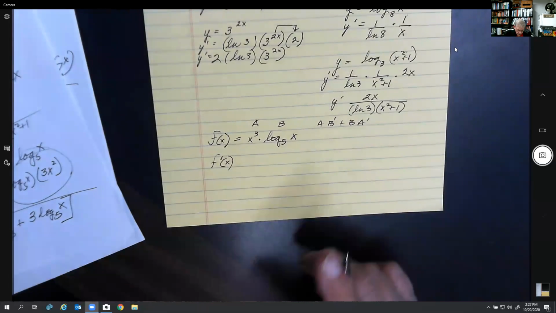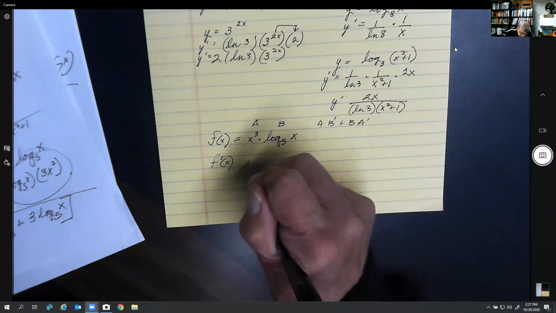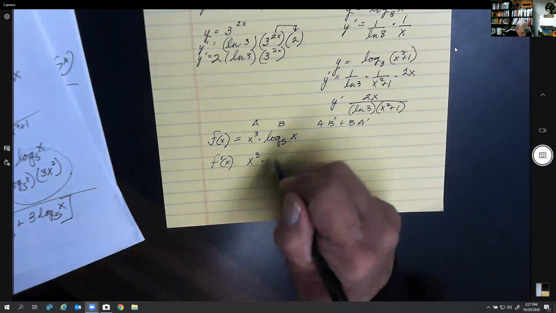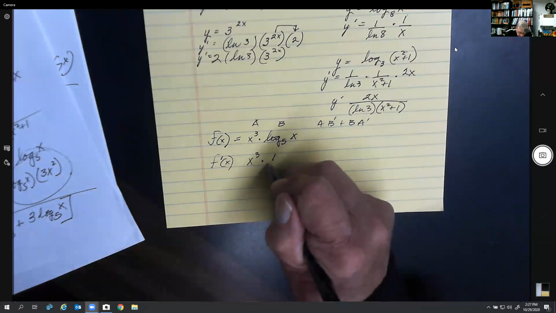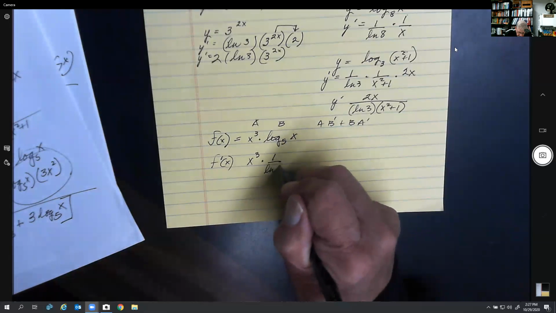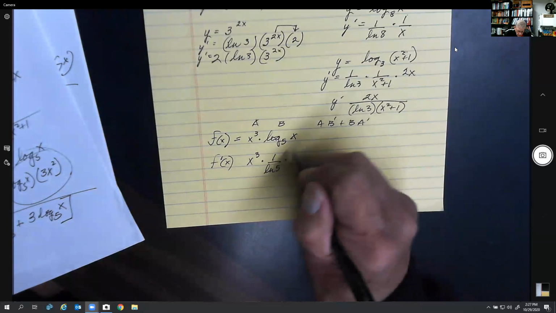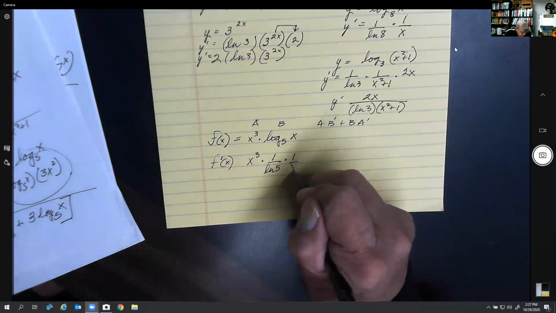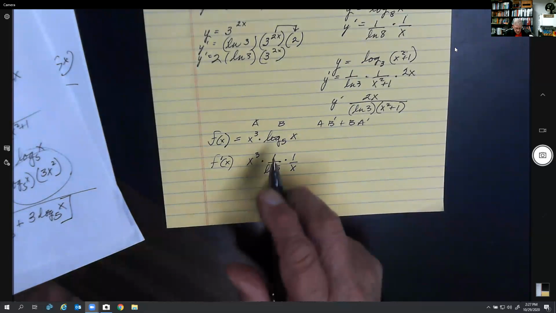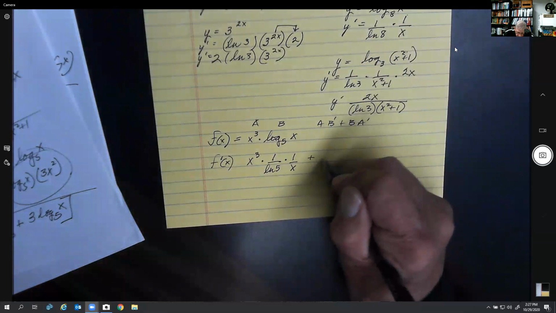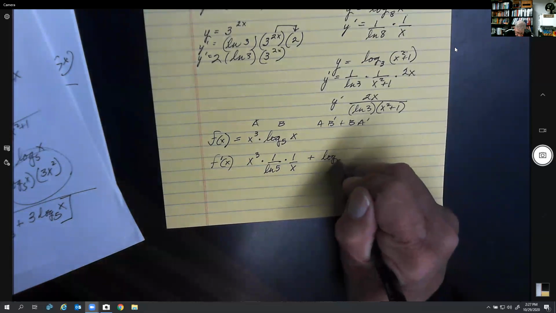All right, so it would be A times the derivative of B. Well, this would be 1 over the natural log of 5 times 1 over x. So it's A times the derivative of B plus B. So we're not going to do anything to this mess.